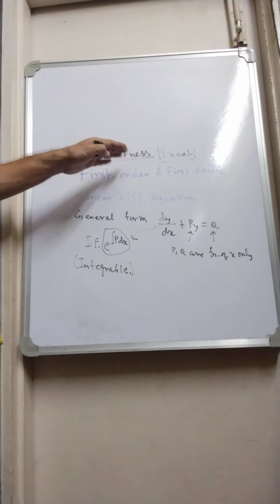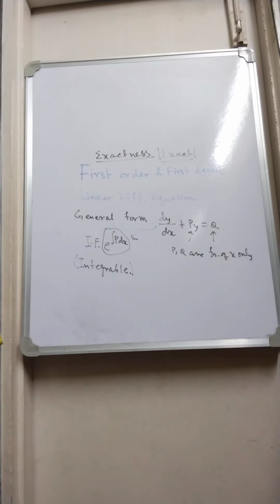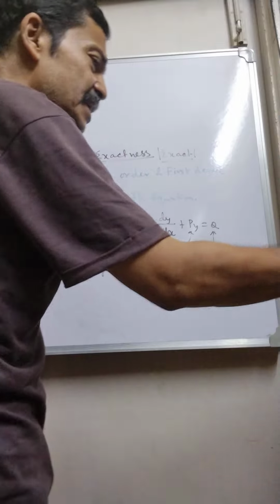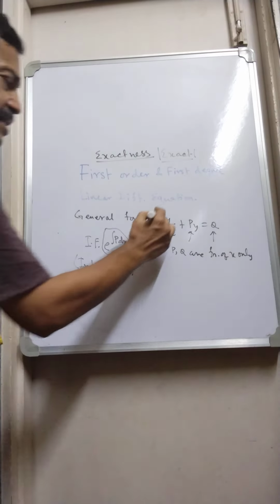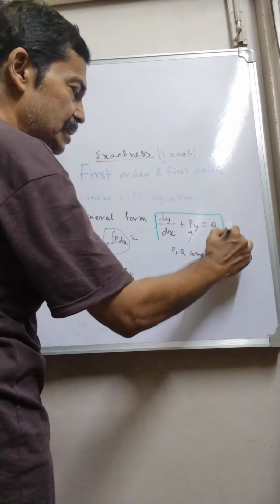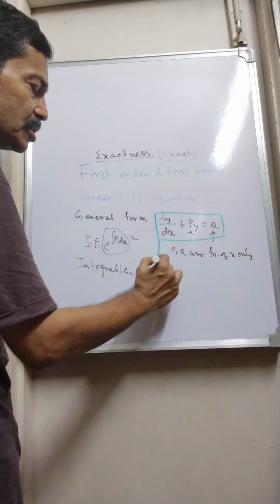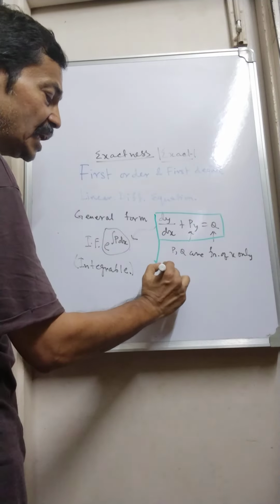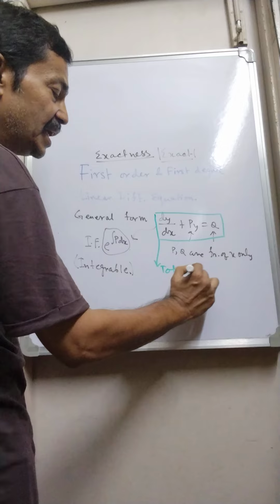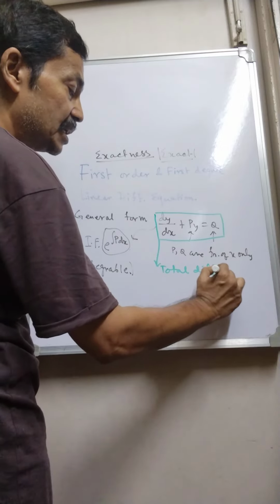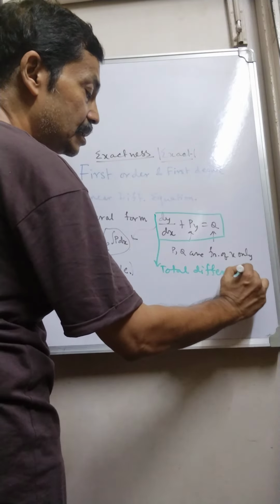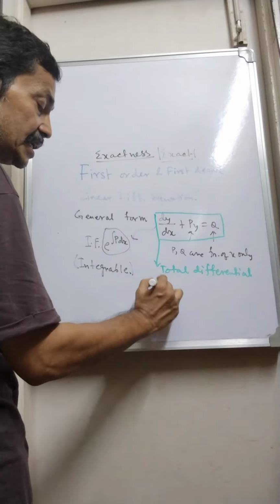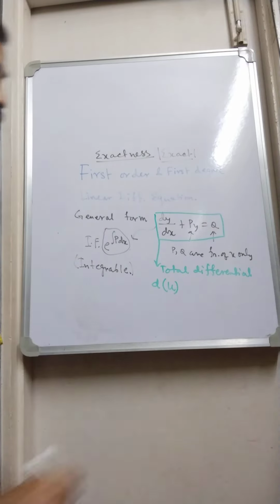Now, exactness is defined as the fact that this differential equation is written as the total differential of a suitable function, that means d of u.